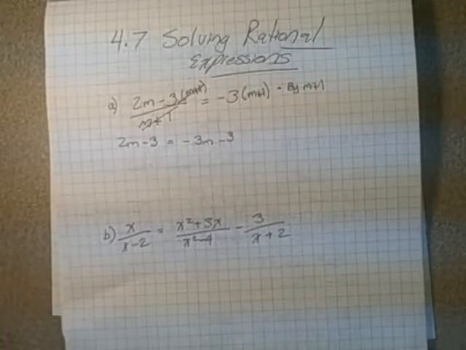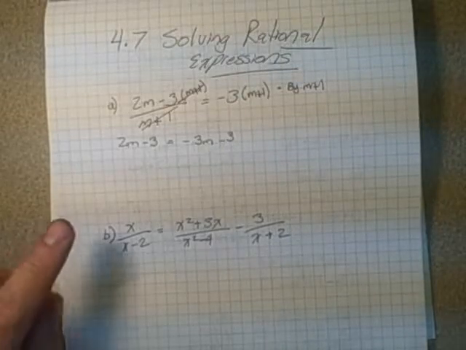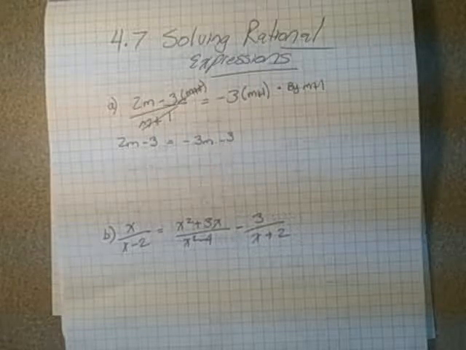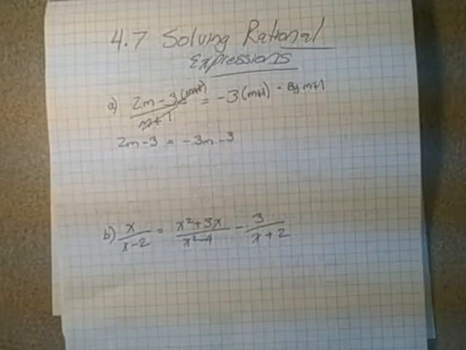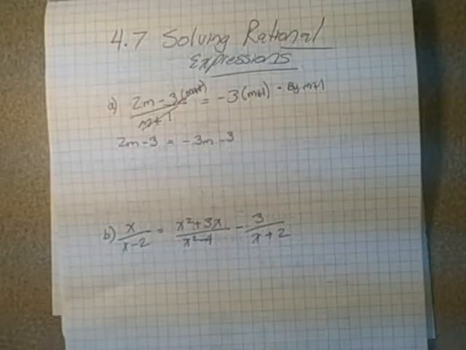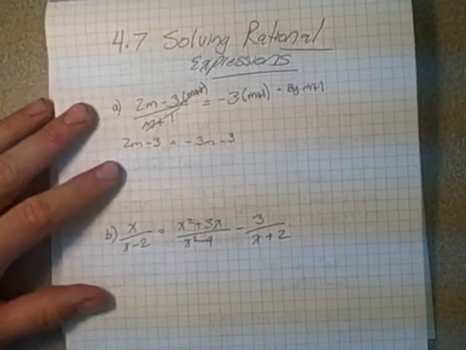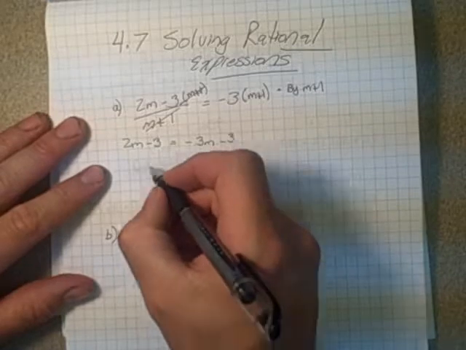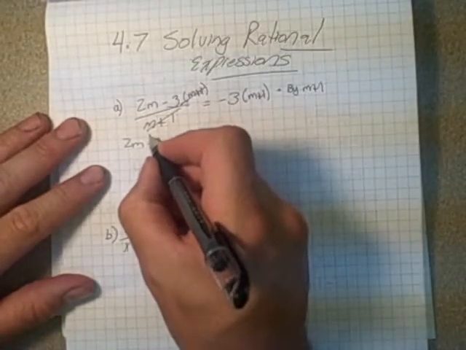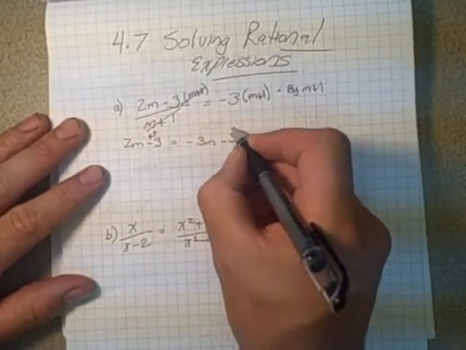Okay? Now if I were to work that out from here, I'm going to simply use basic algebra skills that we had in the past. So add 3 there, add 3 here.